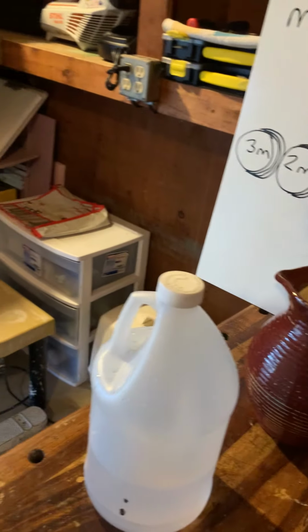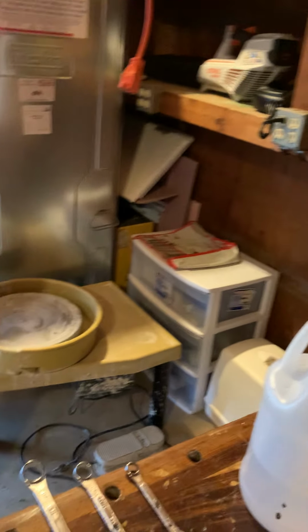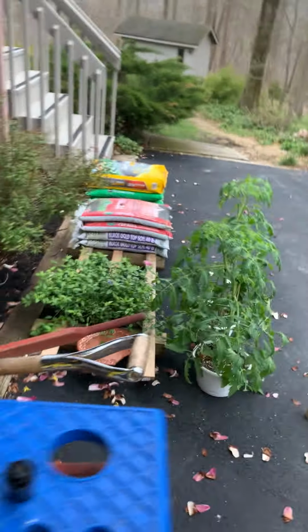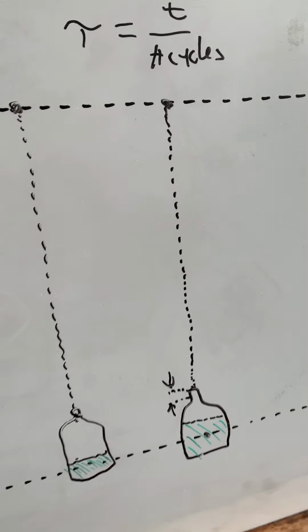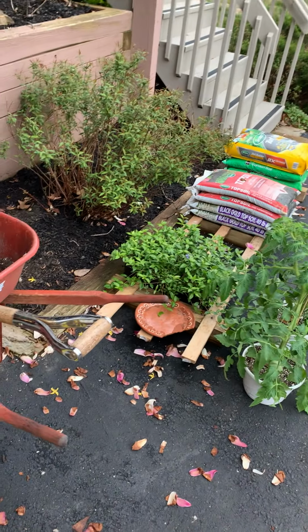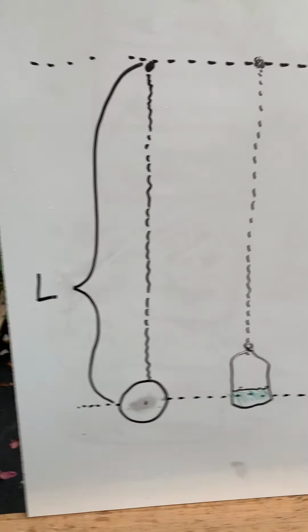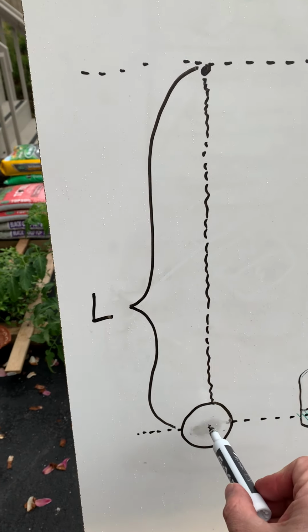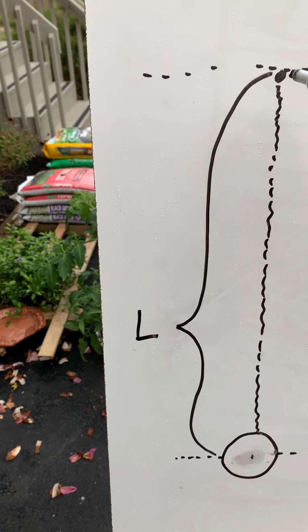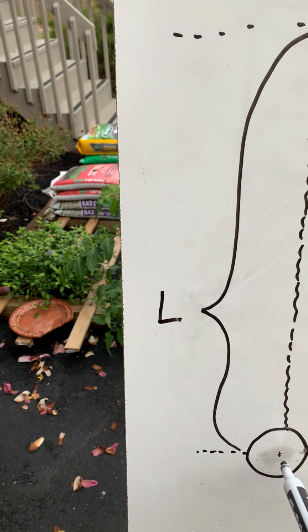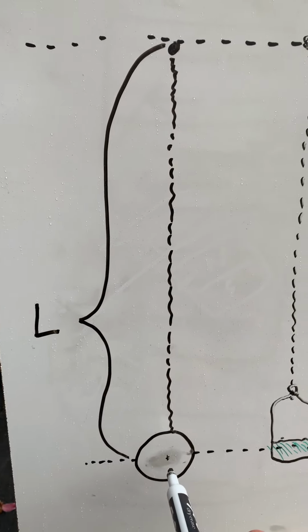And let's diagram that so that we're clear about this. Okay, so if we had a simple spherical mass at the end, our length would be from the pivot point to the center of mass of the sphere right here.